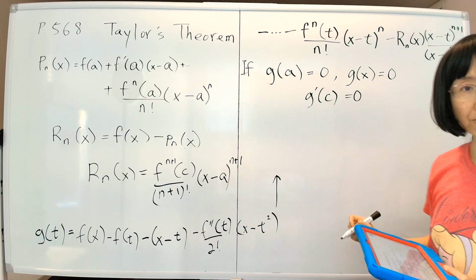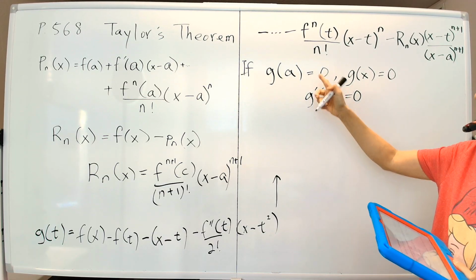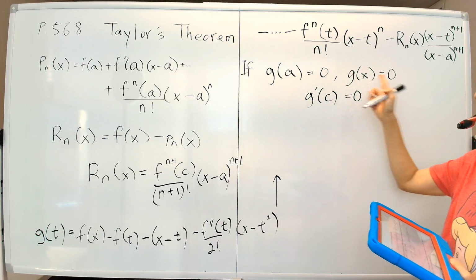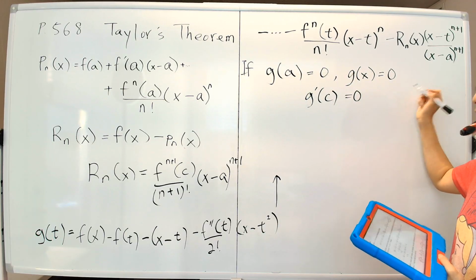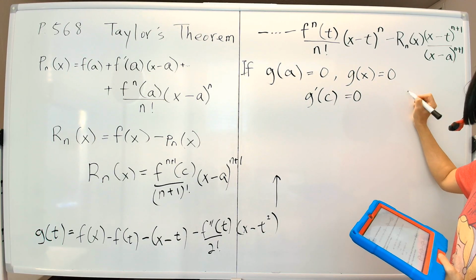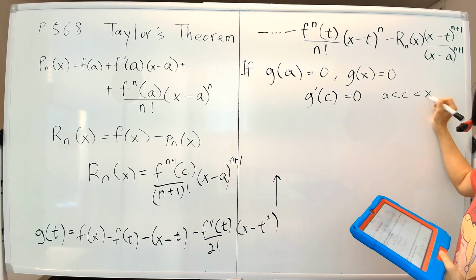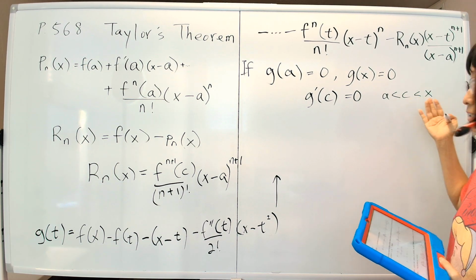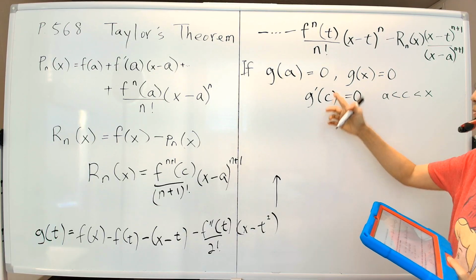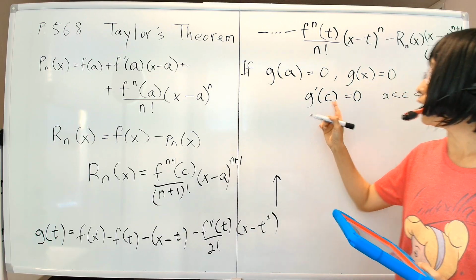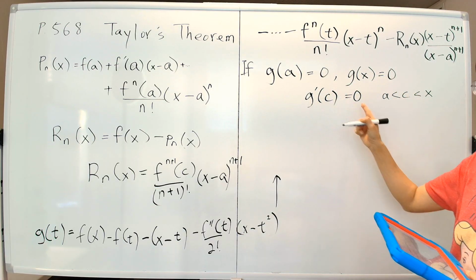G prime means the derivative. The point c is somewhere between a and x, such that the derivative equals 0.